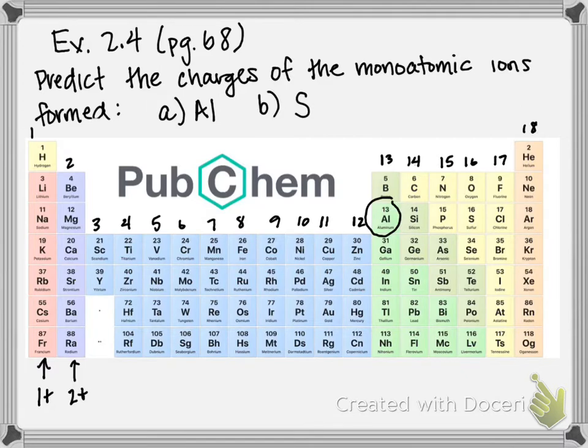And it always forms, I'll draw him down here, a 3+ ion. And then Group 14, not really predictable charges. Group 15, 16, 17, and 18, that's where we start getting predictable again.